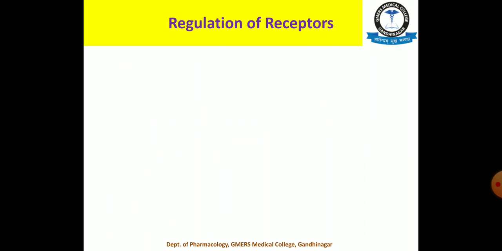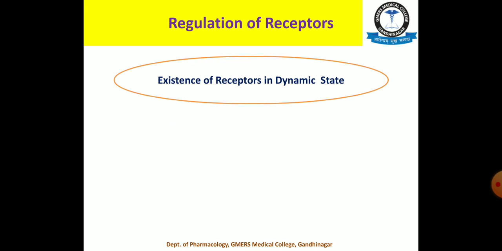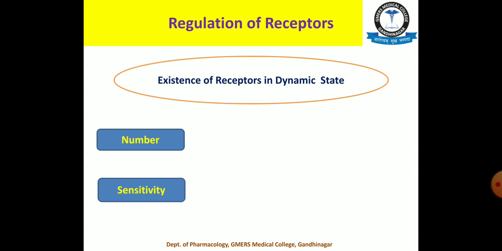Now, first of all, what is the general meaning of regulation of receptor? This concept came from the fact that receptors don't exist in our body in a static state. Their numbers and their level of ongoing activity are not static. They exist in a dynamic state. So the number and the sensitivity of the receptor vary continuously over a period of time.